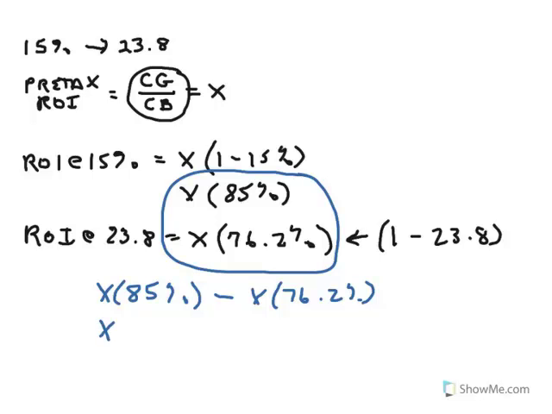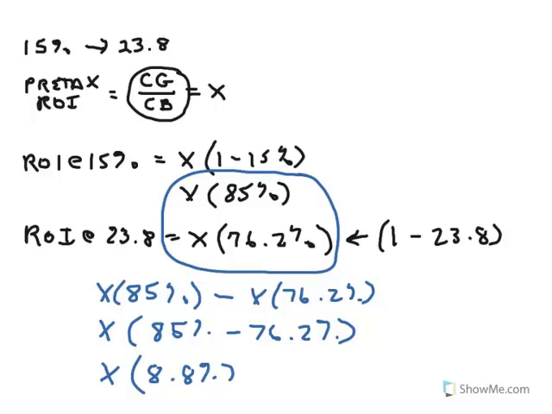We can separate out the x, so that just says it's equal to x times 85% minus 76.2%. Doing the arithmetic, combining these terms, that's simply then 8.8%, which is the difference between 85 and 76.2.